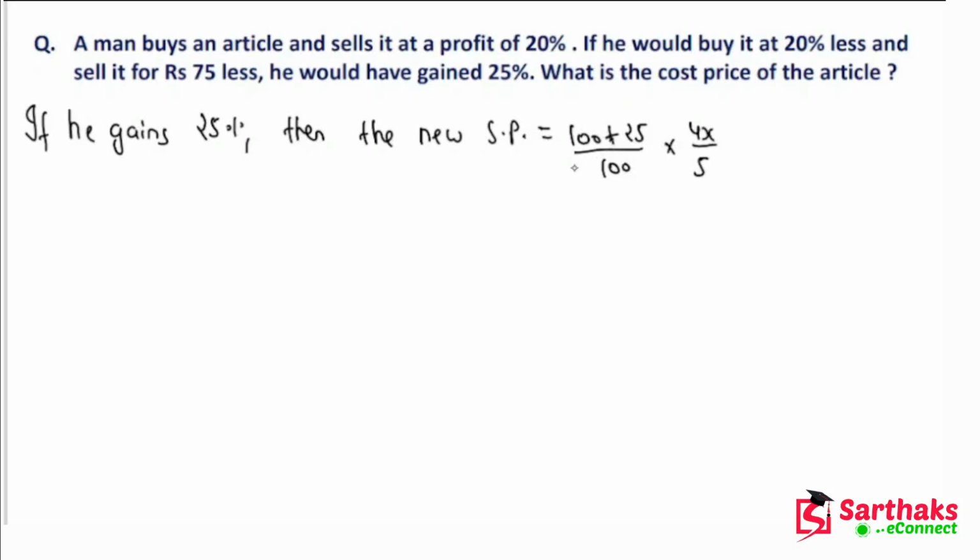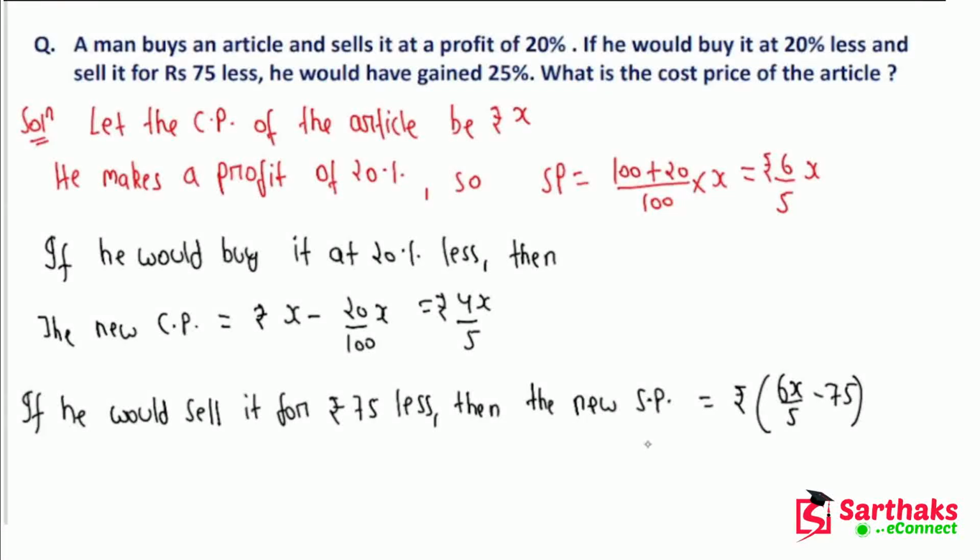What is the formula? Selling price equals to 100 plus gain percent upon 100 into cost price. So cancelling them out, it would be 125 upon 100. So using 5 and then cancelling, we are getting rupees X, right? You can clearly see 125 upon 100, you will cancel with the help of 25, that 5 would be cancelled with 5, 4 would be cancelled with 4, so we'll get rupees X. Okay, so the new selling price is rupees X, right? So according to the question, we have just calculated that he would sell it for rupees 75 less, so the new selling price would be this.